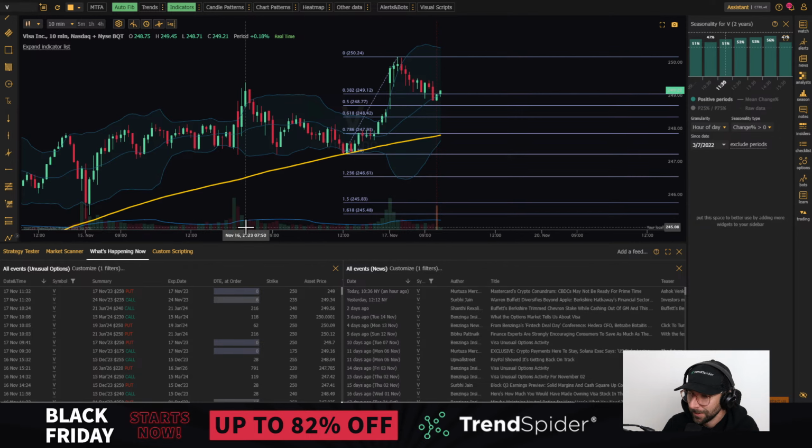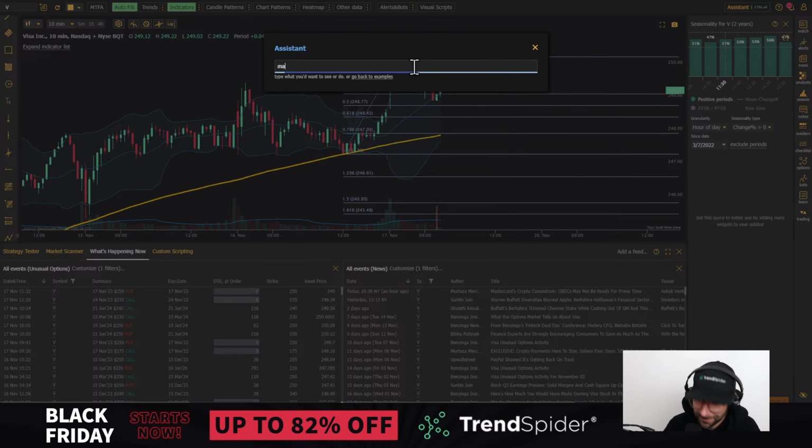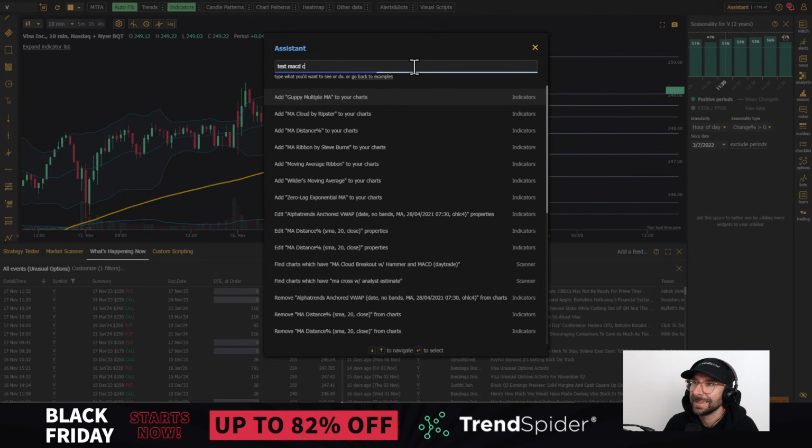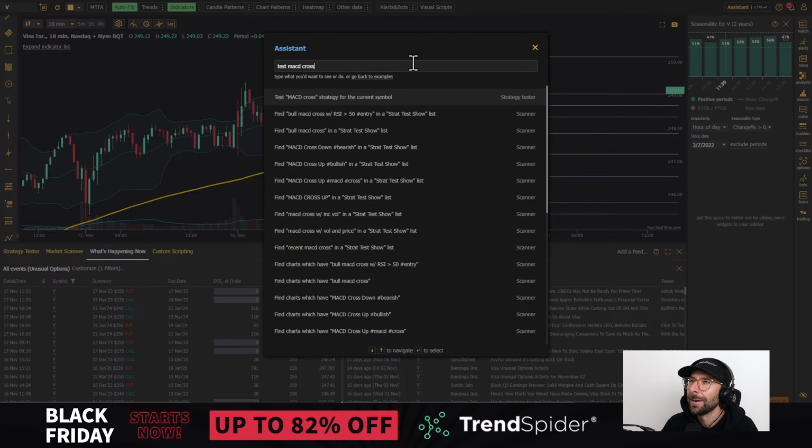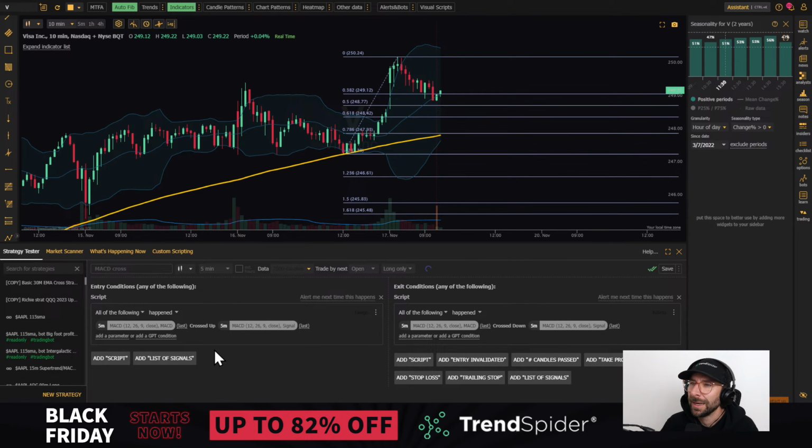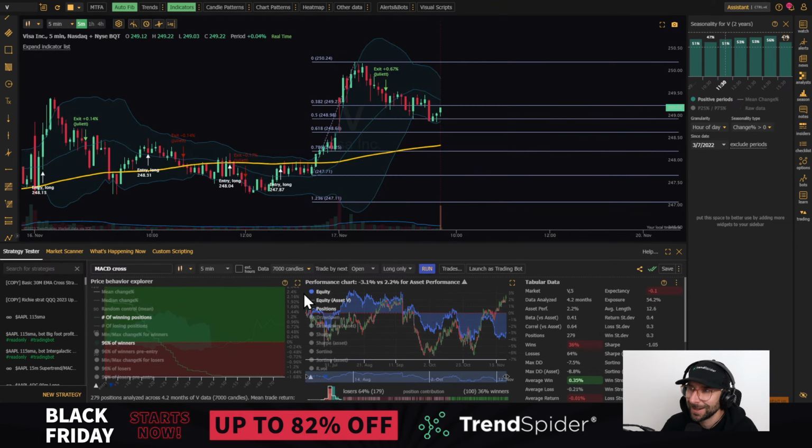You can ask it to test a trading strategy for you. Type in test MACD cross. And it'll pull up the conditions for a MACD cross. It'll start running that scan or start running that test on the name on your chart.